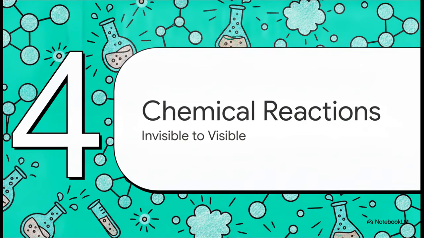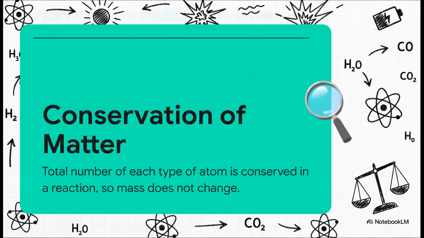How exactly do invisible particles create visible changes? Here you'll develop models to prove that matter never magically disappears during a reaction. Whether a reaction releases energy out into the environment as heat, which we call an exothermic reaction, or absorbs it, making its surroundings colder, an endothermic reaction, the atoms are really just regrouping. The total mass is always perfectly conserved.